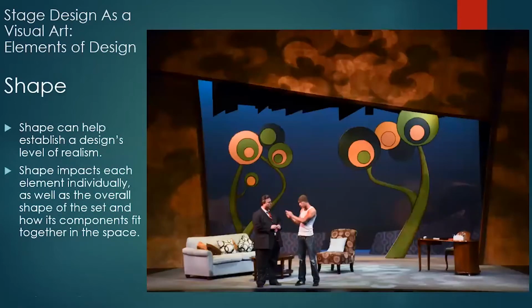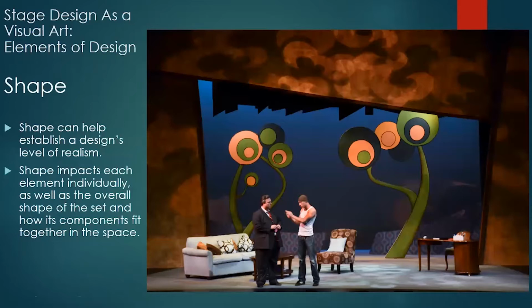Another element of design we can talk about is shape. Shape is a really important one when we want to establish a sense of realism or abstractness. One of the easiest things we can do to communicate that is to change something's shape, right? To make it more cartoonish, more unrealistic, more playful.